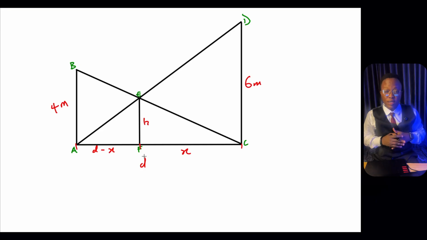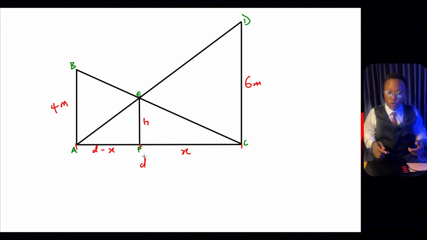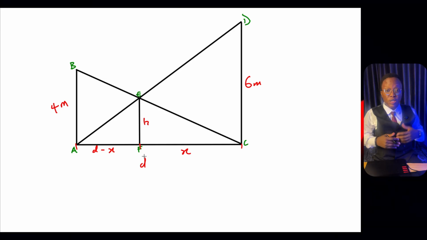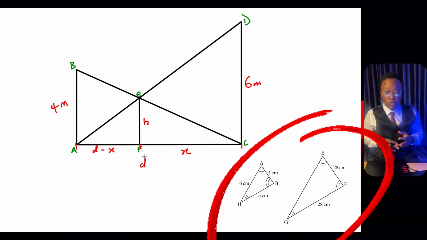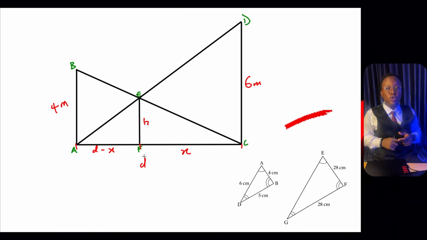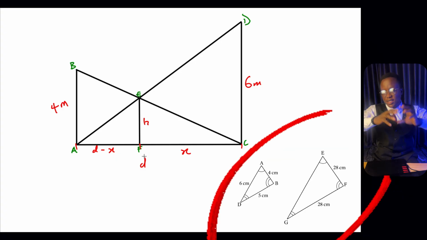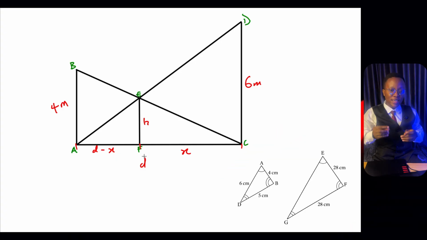What we have here is a classic case of similar triangles. How do I know what are similar shapes? This is a question you might be asking. Similar shapes are two shapes that have the same properties, especially in terms of angles. They have the same angles, not necessarily the same size, but the sides are expanded by the same scale.